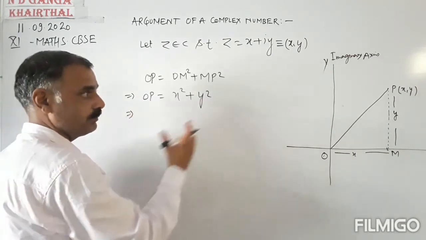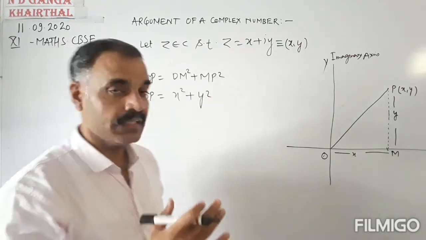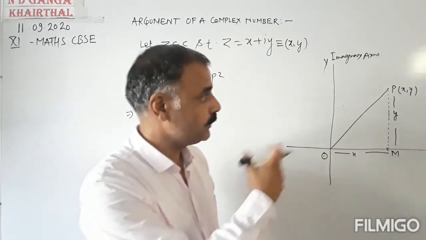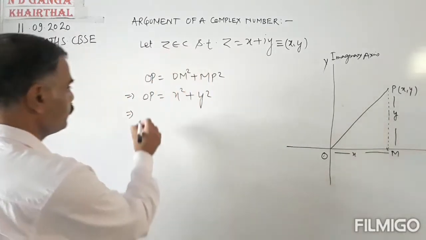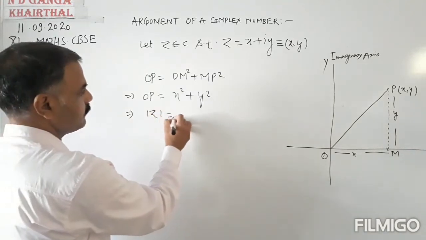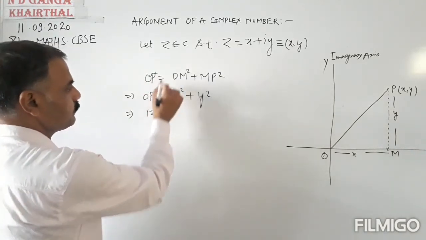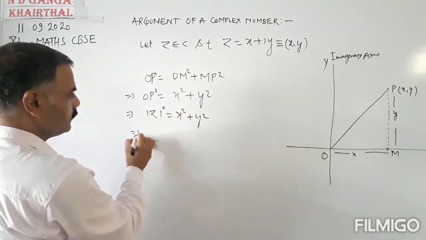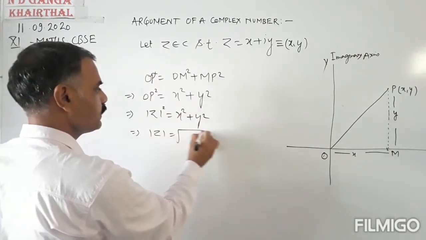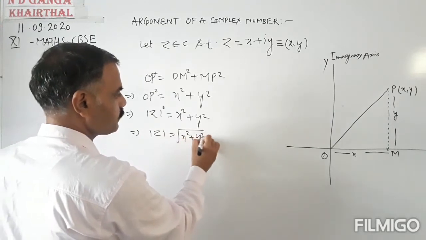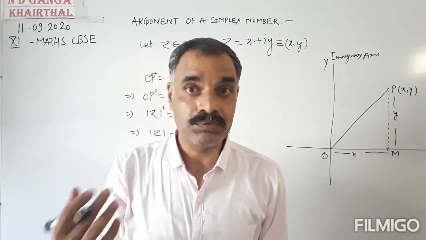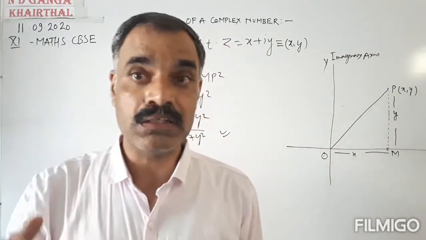So OP is the length, the distance, or the magnitude of the complex number Z. So modulus Z squared equals x squared plus y squared, which gives modulus Z equals under root x squared plus y squared. This is called the magnitude of the complex number.